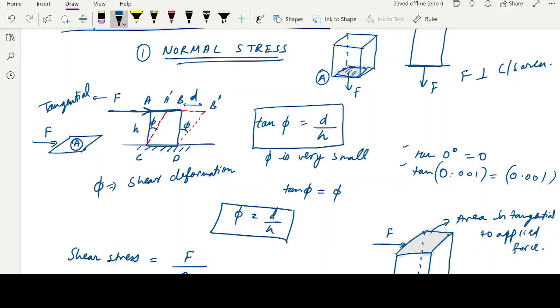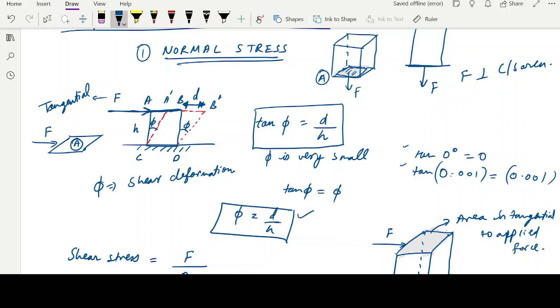D is the deformation, right here. Not the shear deformation exactly, the deformation in the size of this AB shape, you can say. And h is this dimension AC, then shear deformation phi can be represented as d by h.